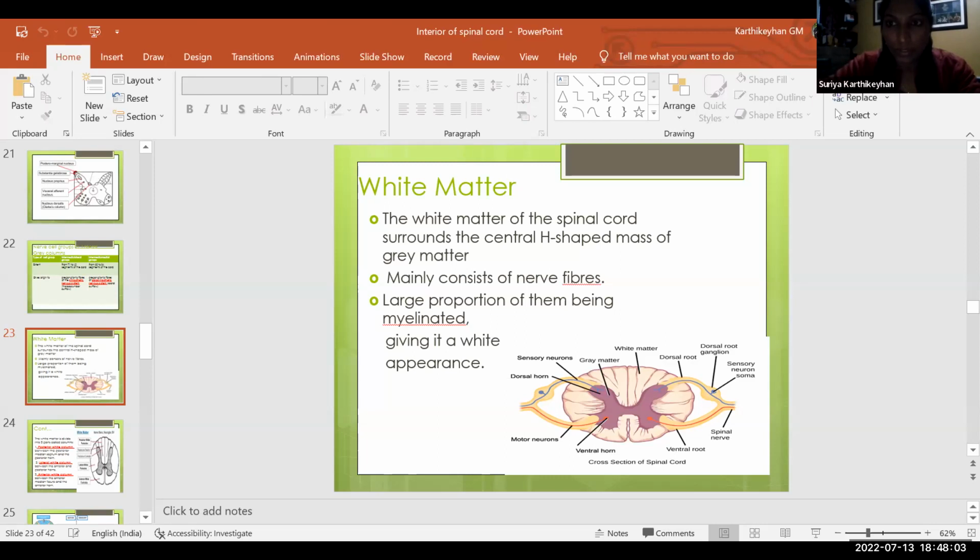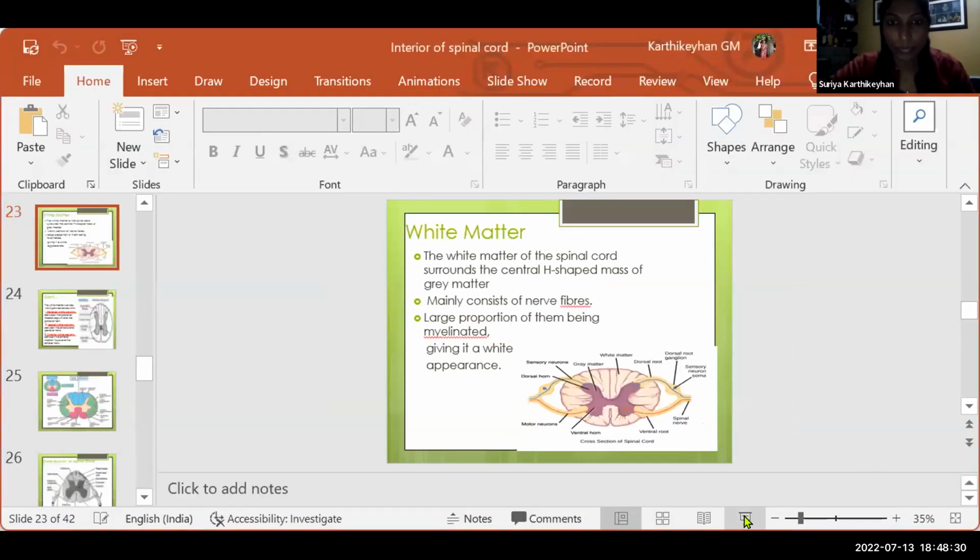It is nothing but the external features of the spinal cord, and I'll be sharing it with you later on. Now it is not playing here. Okay, I'll be going on to the white matter.